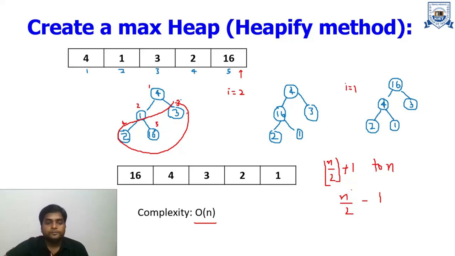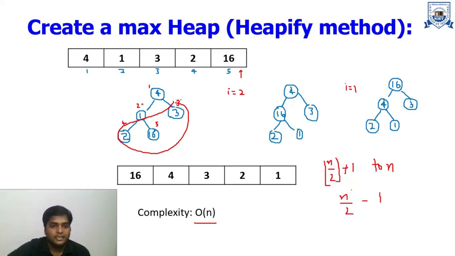Now we start with the non-leaf node that has the largest index. In this particular heap we have 2 non-leaf nodes, at index 1 and at index 2. Which one has the largest index? This one.